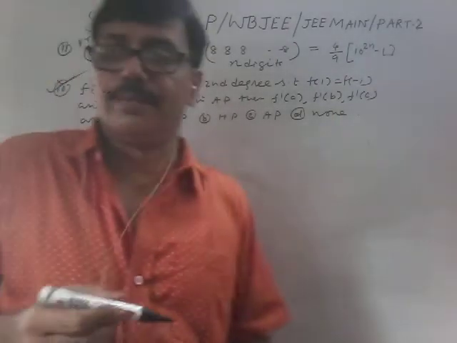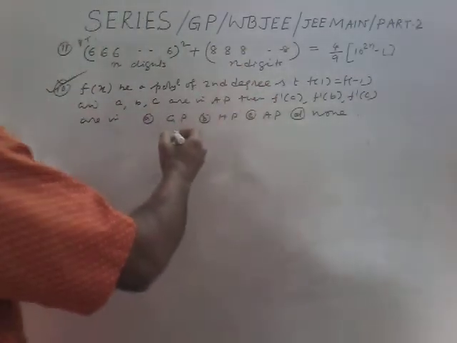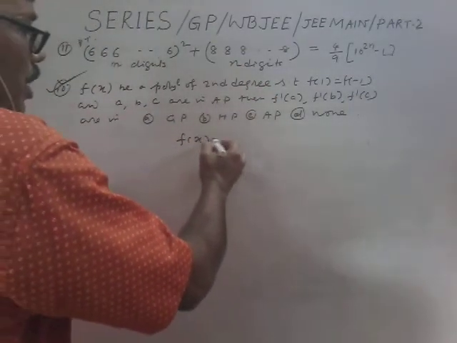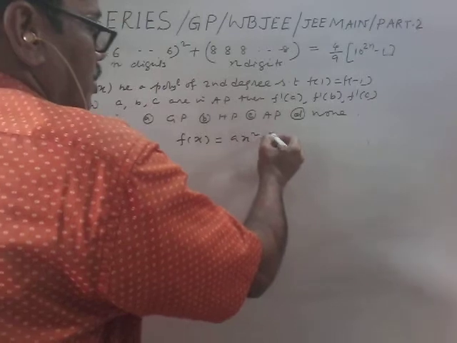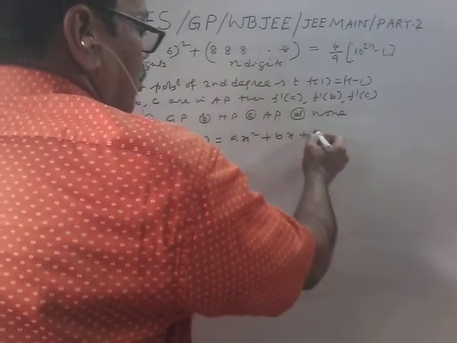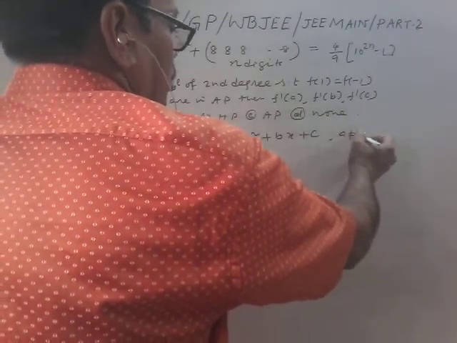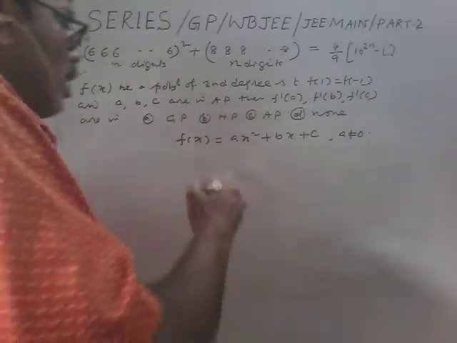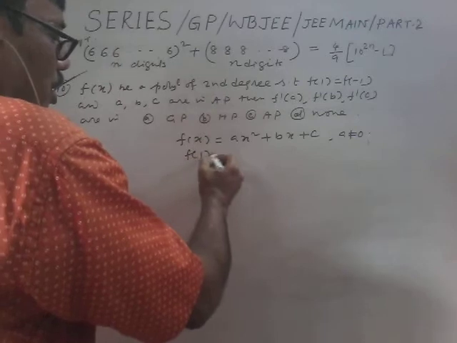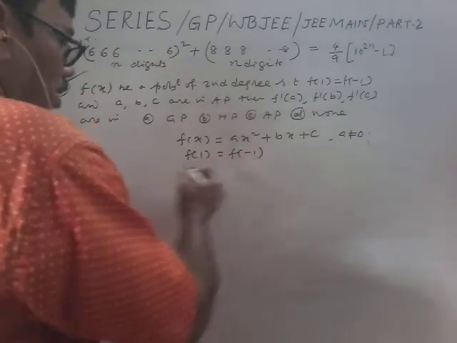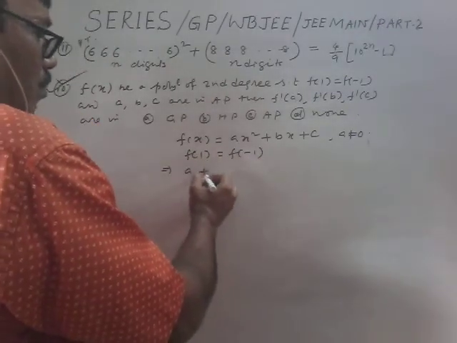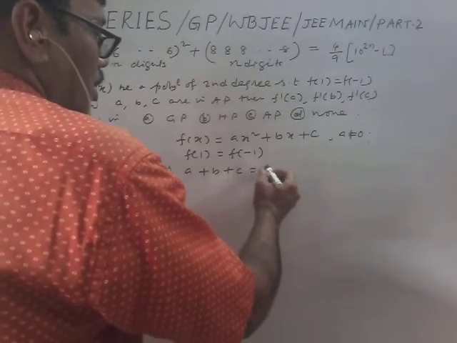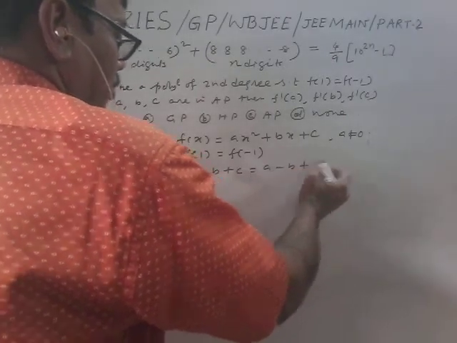This is a simple one. Given f(x) is a second degree polynomial, so ax square plus bx plus c, a not equal to 0. Also f(1) equals f(-1). This implies a plus b plus c equals a minus b plus c.